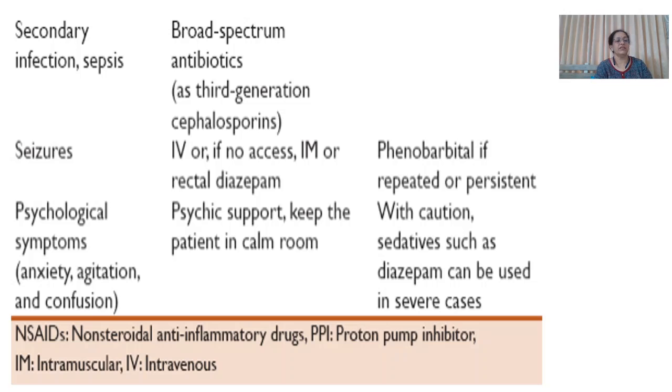Or at the end, if there is no access for all this, then rectal administration of diazepam. Here, as a secondary line of treatment, phenobarbital is also used. If there are persistent or repeated seizures, at that time with caution, this phenobarbital is given to the patient. Sedatives such as diazepam can be used in severe cases.